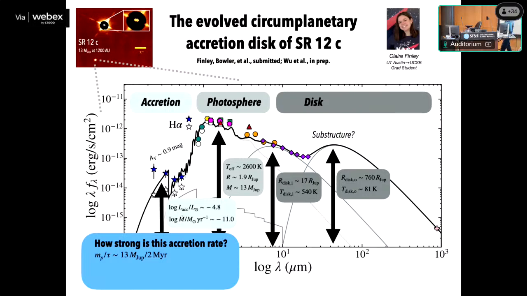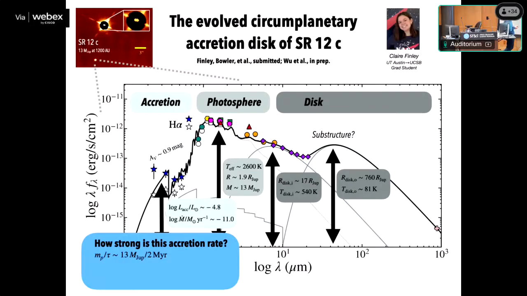We can, in an order of magnitude sense, compare the total mass of the system to its age to get a feeling for what this could have been like in the past. This is going to be dependent on formation mechanism. If this object formed like a star, like a distant binary, then perhaps most of the mass was already there, and we're just seeing the tail of accretion.